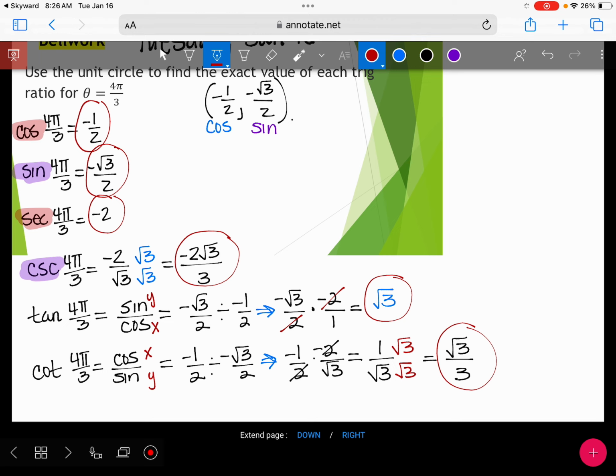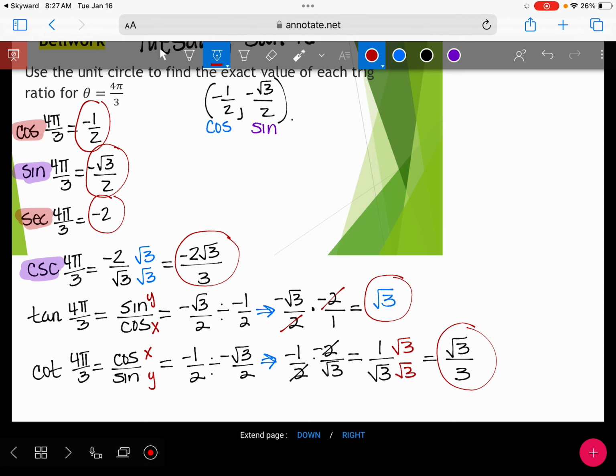Yes. So for both tan and, is it cot? Cotangent and tangent. Okay. Did both of the negatives cancel out the 2's? Right. So why did that happen? Because I'm dividing two numbers that are negative. And when you divide two numbers that are negative, you get what kind of a number?